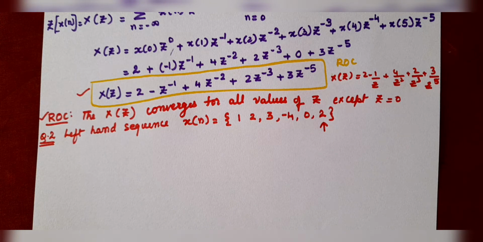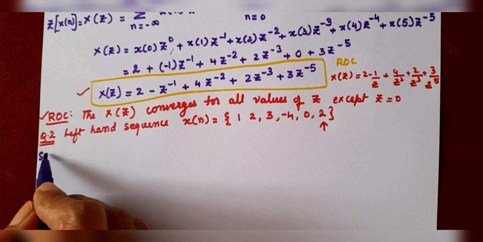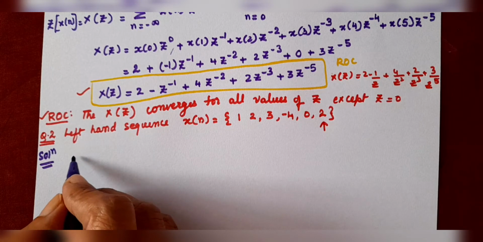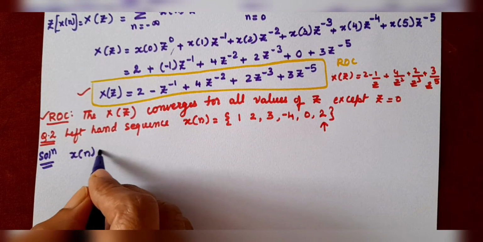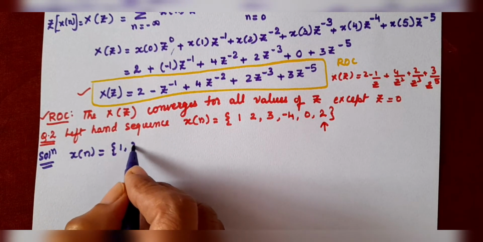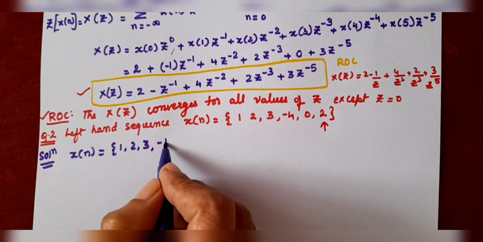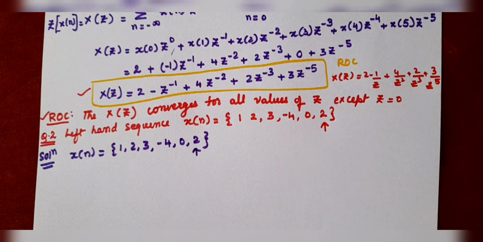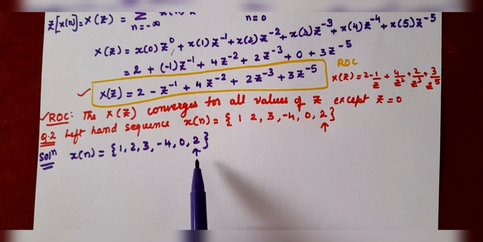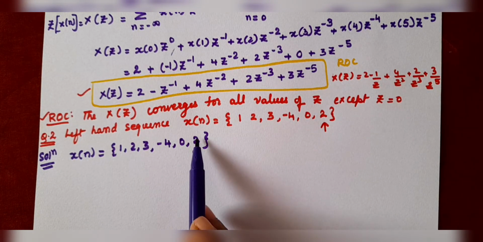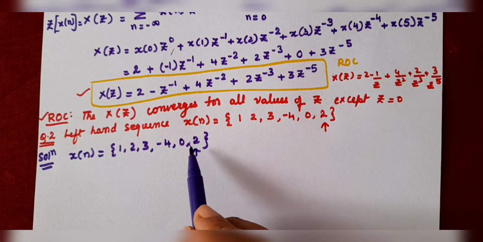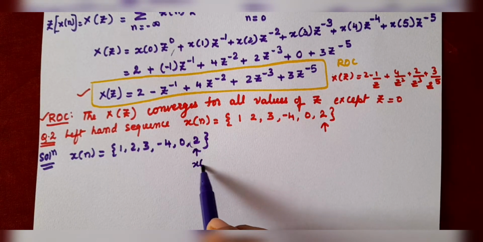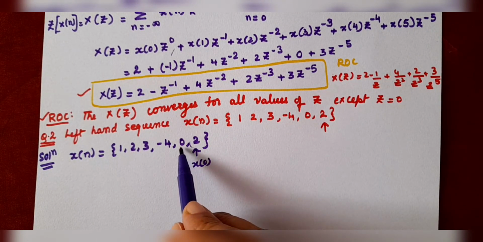Okay, so how to solve this problem now? So write the question. X of n is given as 1, 2, 3, minus 4, 0, 2 with the arrow at 2. What is the arrow indicating? The value at origin is 2. So what will it be? X of 0 value is 2. So what will it be?